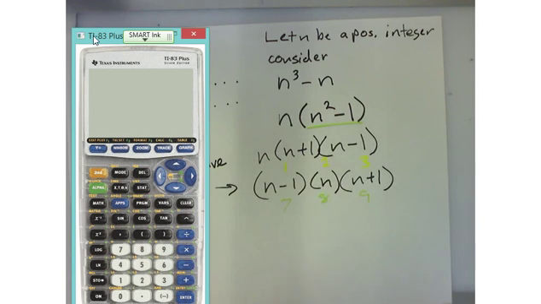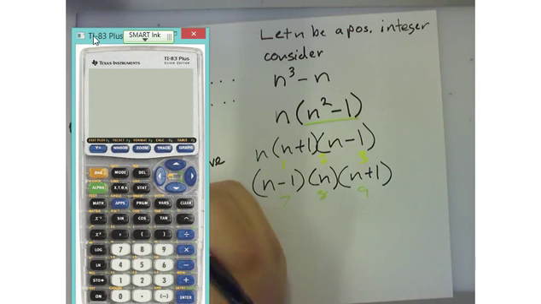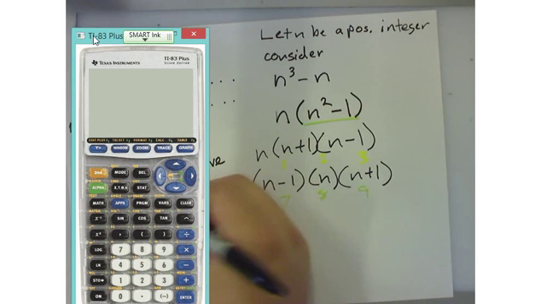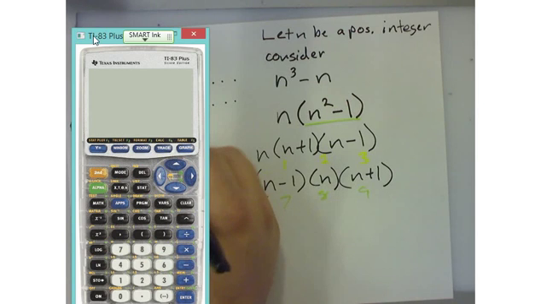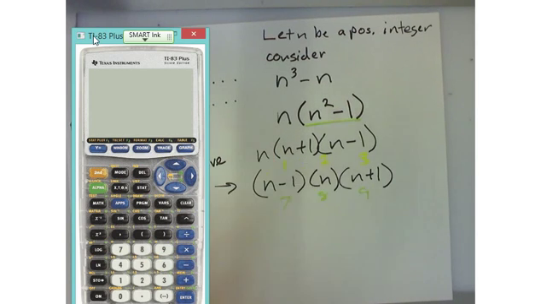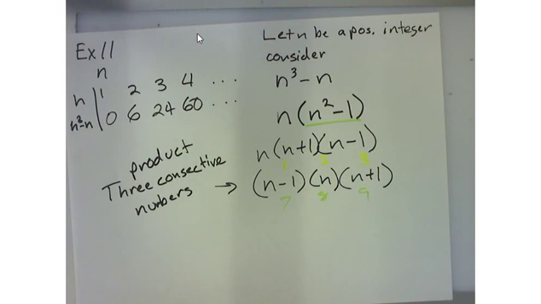Three consecutive numbers, right? So this would be a product of three consecutive numbers. Let me turn that calculator off so you guys can see my handwriting here. Okay? So that would be a product of three consecutive numbers.